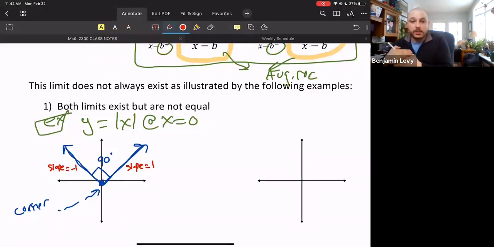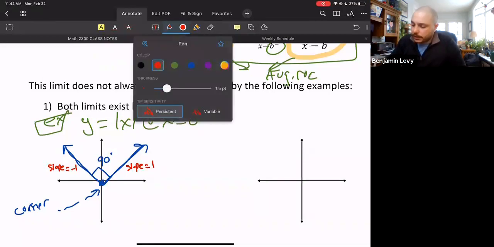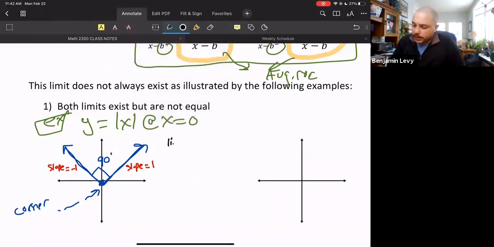And at 0, neither of those things happen. So the issue in this particular one is that if we did the limit as x approaches 0 from the left, we would get this, and that's going to equal -1.